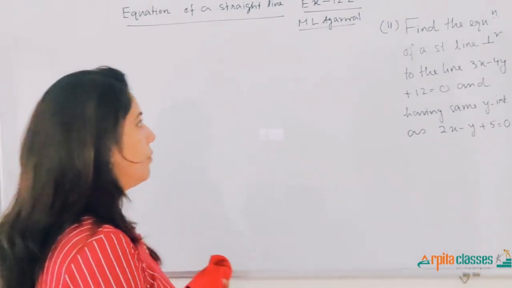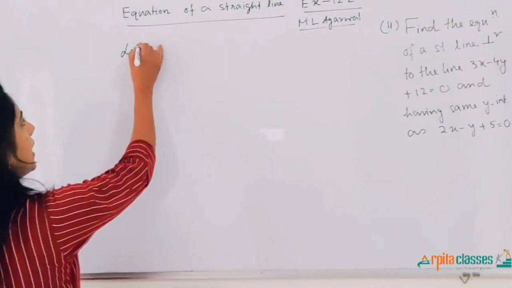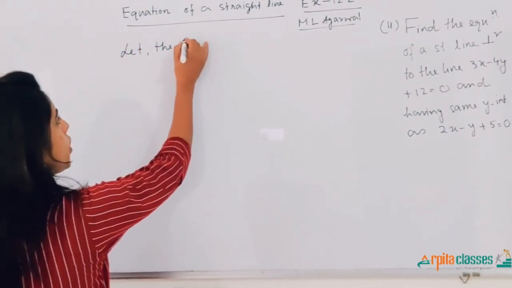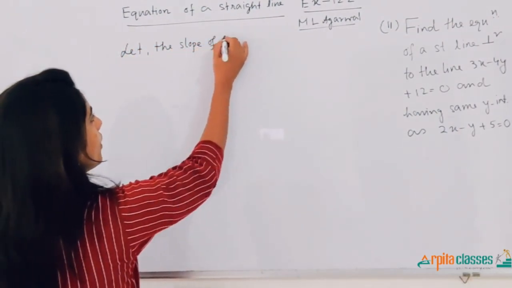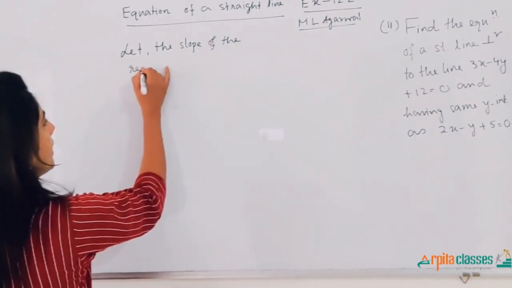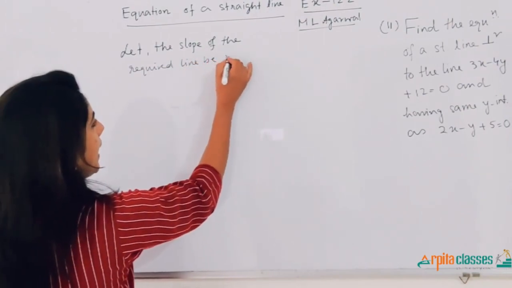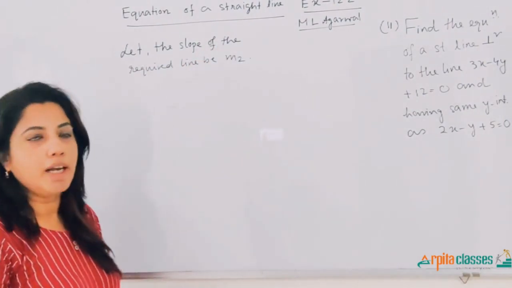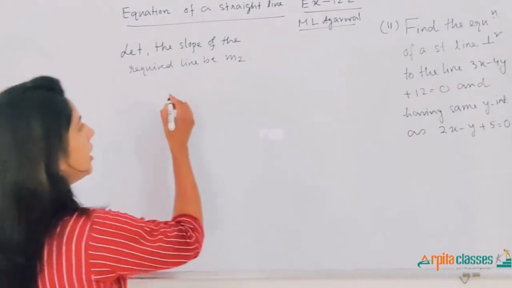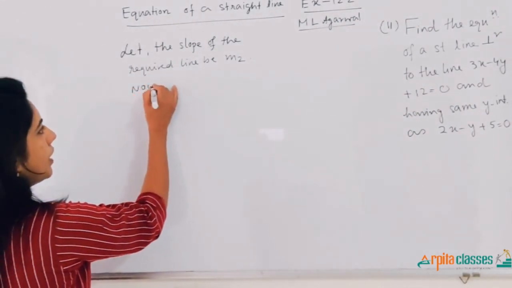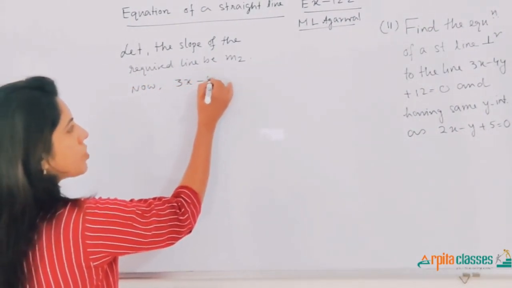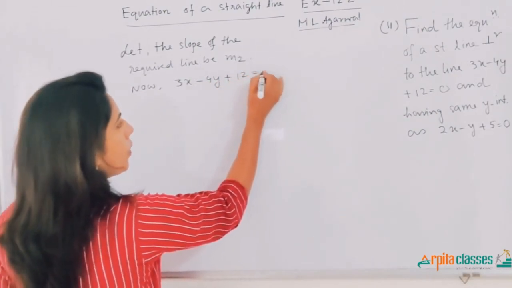So let us consider, first we'll write, let the slope of the required line be m2. m1 we are going to get from here. Now 3x minus 4y plus 12 equal to 0.